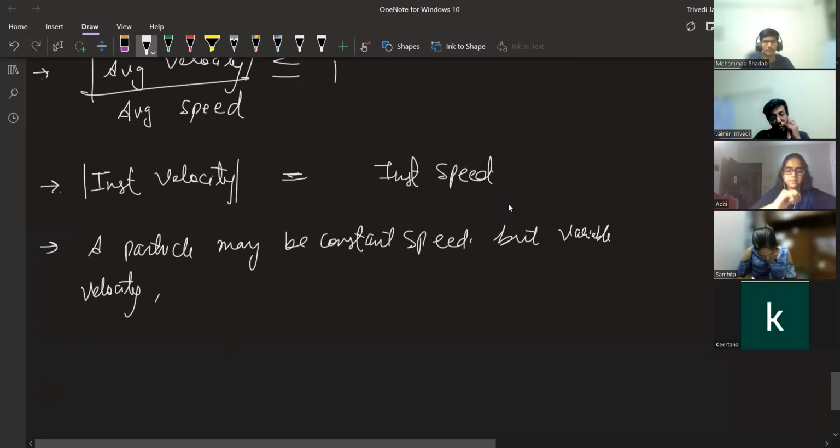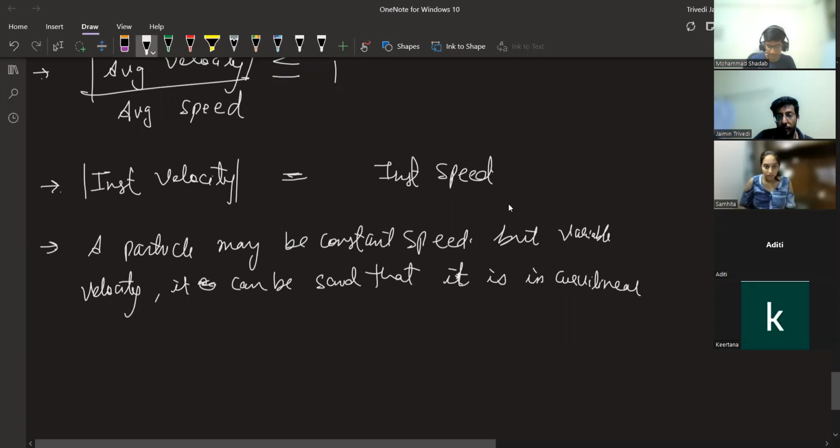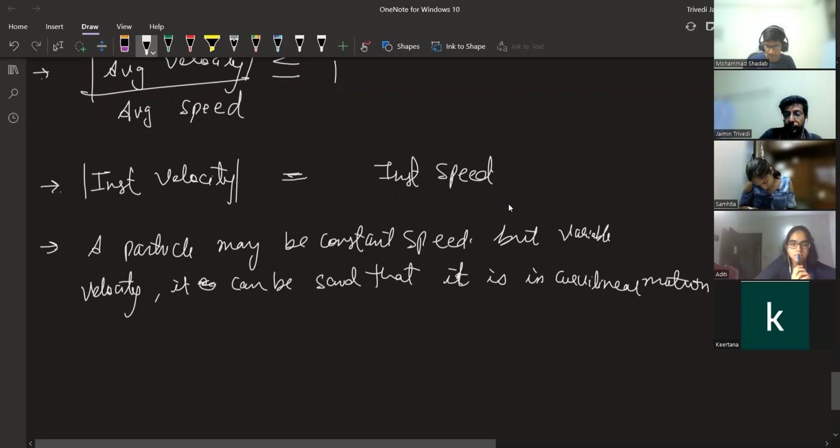So the object's velocity is variable, and it can be said that this is curvilinear motion.